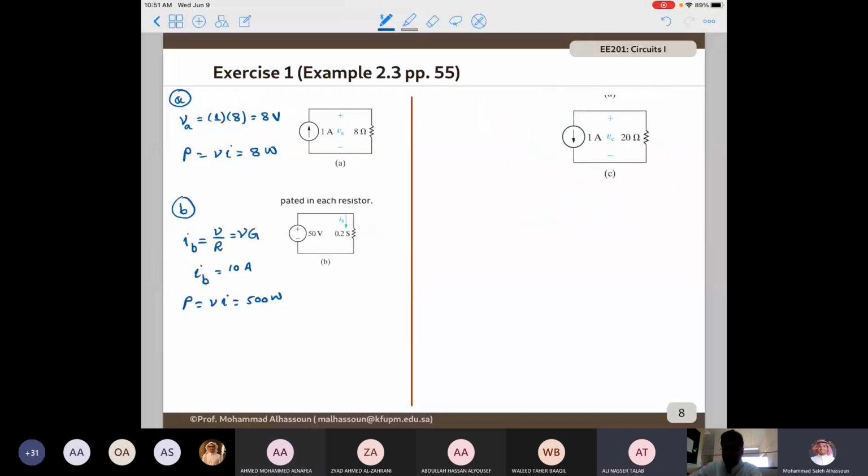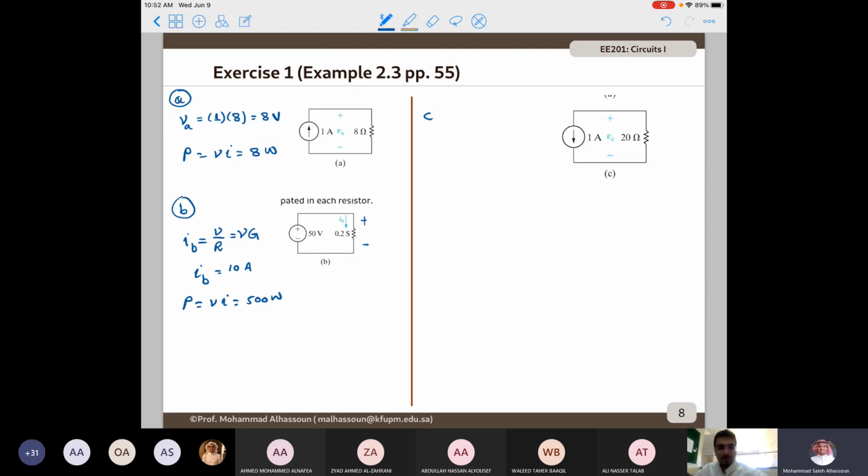Doctor, for part B the power will be 500 or minus 500. Okay. Why minus 500? Because the current is entering the voltage source by the minus terminal side. Okay, we're not interested in the power generated by the voltage source, so your point makes sense.